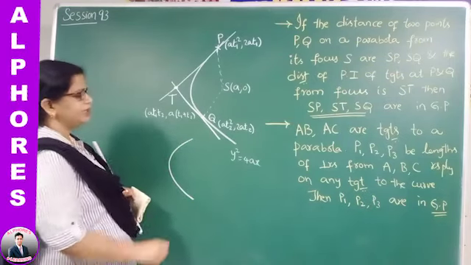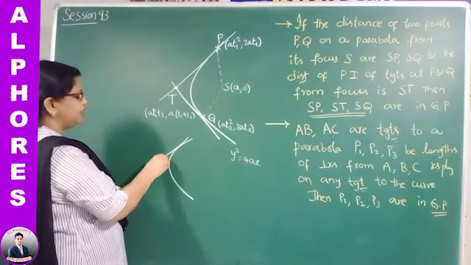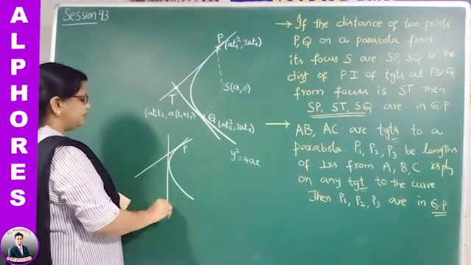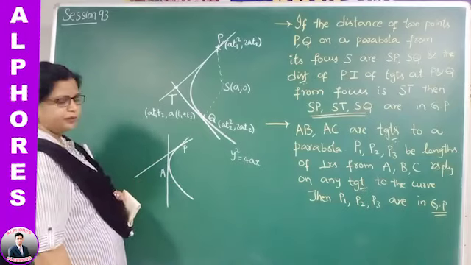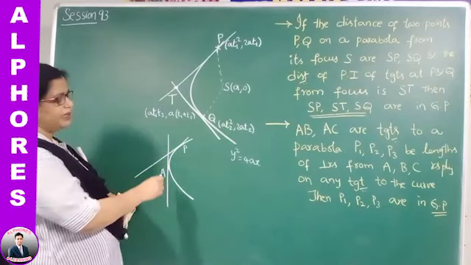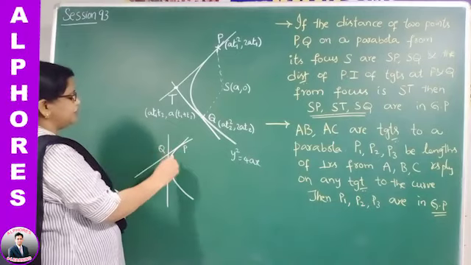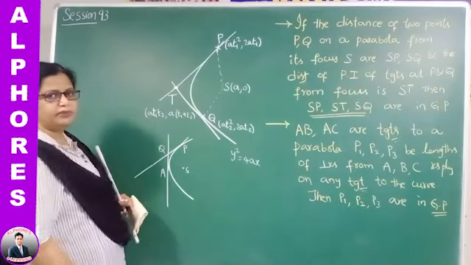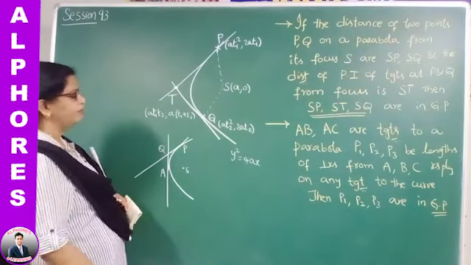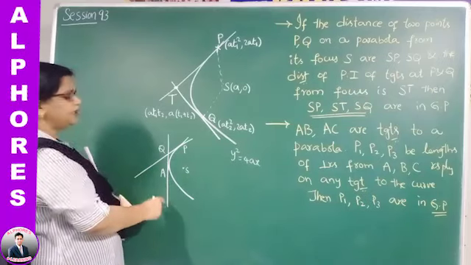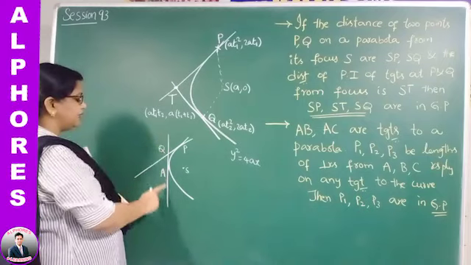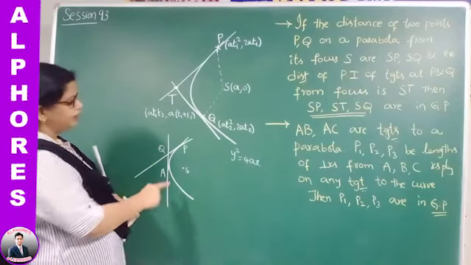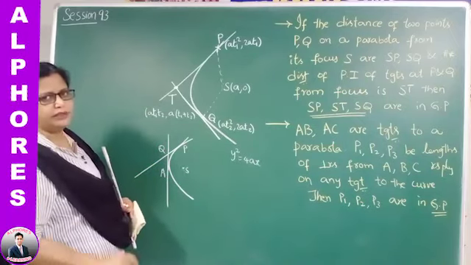Suppose a parabola is taken and a tangent is drawn at any point P. Take the tangent at the vertex A, and let Q be the point of intersection of the tangent at the vertex and this tangent. Then, with focus S, SA, SQ, SP are again in geometric progression.